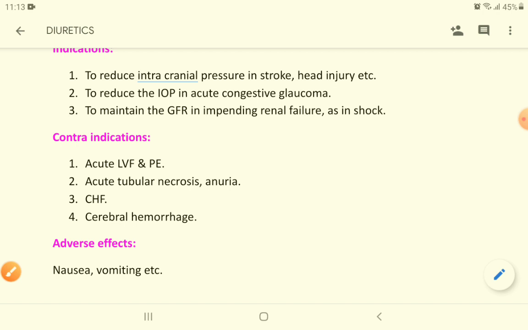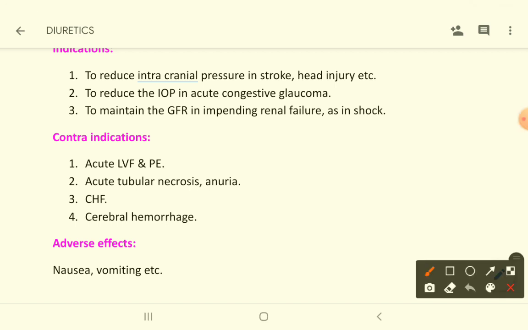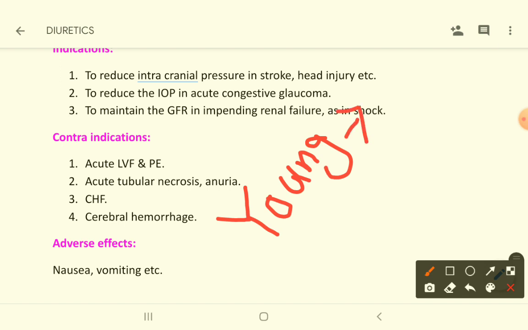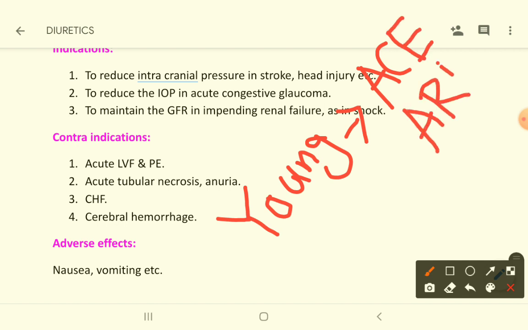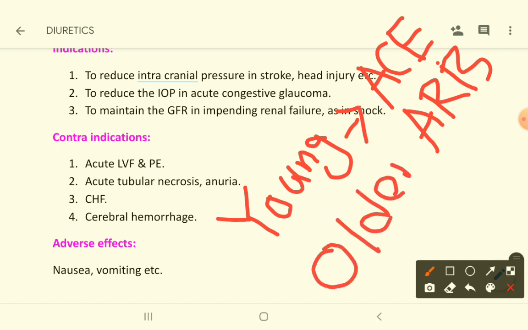Now I want to mention one thing about the antihypertensive drugs, that in case of young patients, we choose drugs like ACE inhibitors or ARBs. Okay, and in case of older patients, we choose drugs like calcium channel blockers.